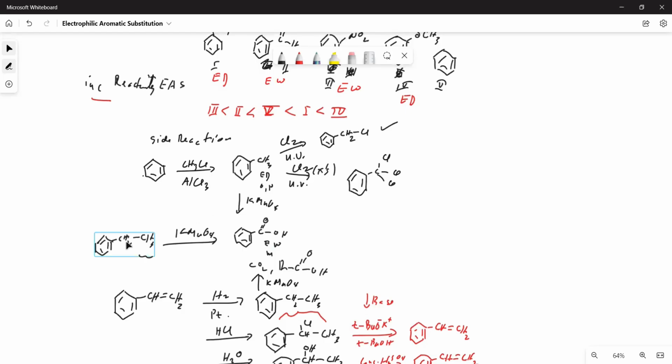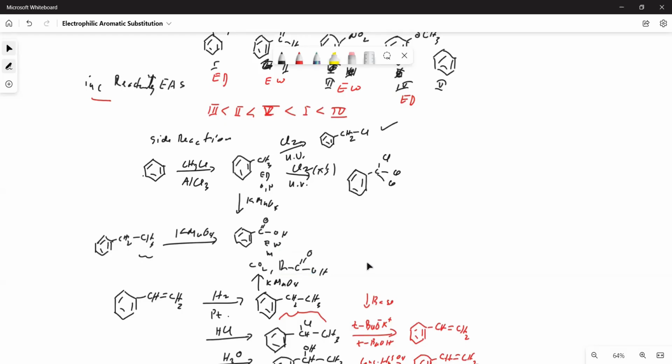For ethyl, the same thing. What will happen to the other carbon? Because ethyl has 2 carbons. Well, the other carbon will become carbon dioxide. If you have a very long carbon chain there, the major product will always be this benzoic acid, and the rest will become carboxylic acid if there is a very long carbon chain.